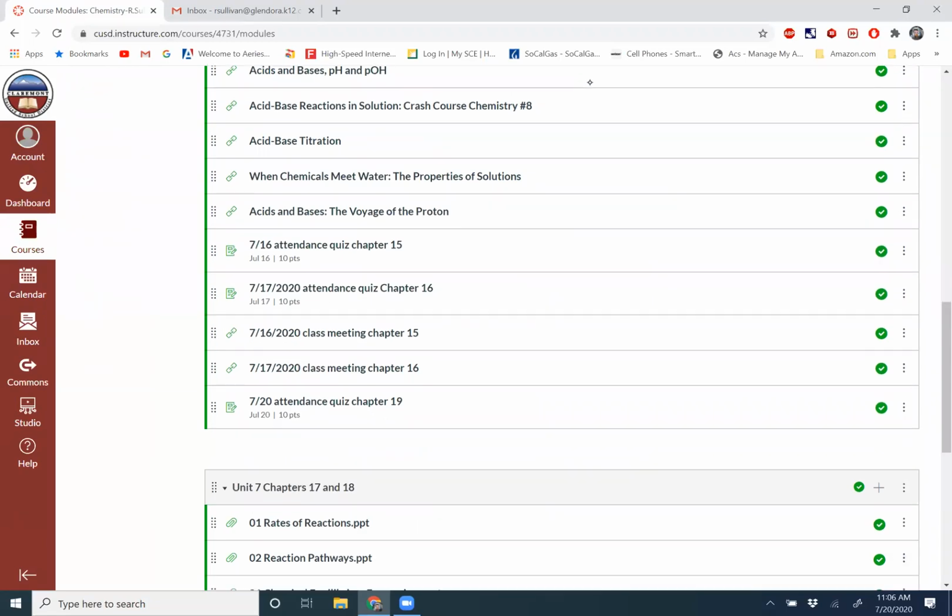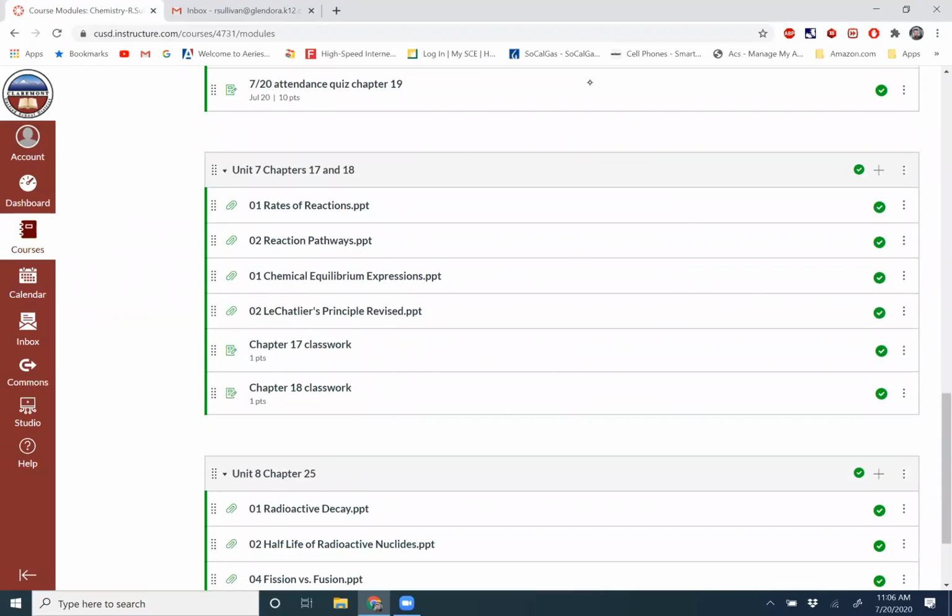So even though we're skipping 17 and 18, we just go right back to them. Some of the things that you might see if you're reading the book in chapter 19 will make more sense after chapter 17 and 18.